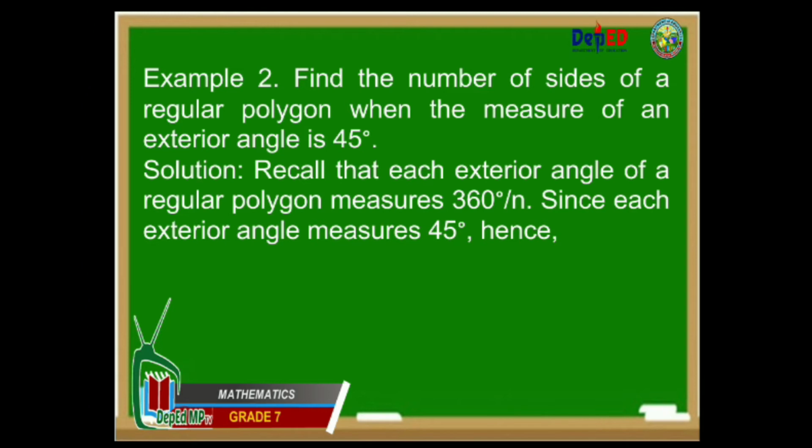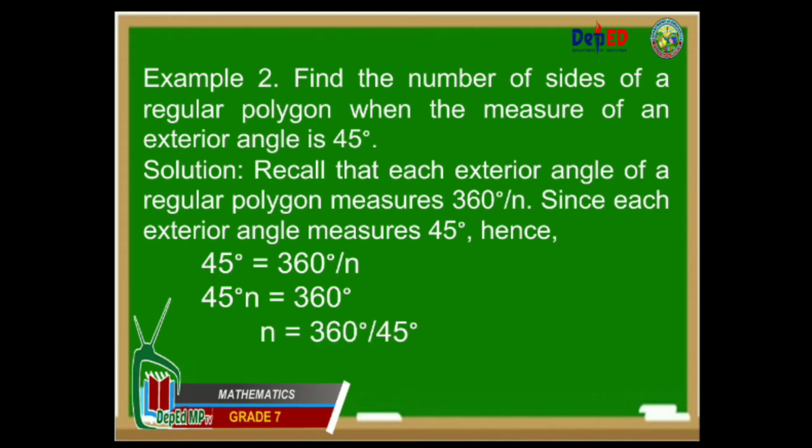Since each exterior angle measures 45 degrees, we have 45 degrees equals 360 degrees over n. 45 degrees times n is equal to 360 degrees. N is equal to 360 degrees over 45, and lastly, n is equal to 8. Therefore, the number of sides of a regular polygon when the measure of an exterior angle is 45 degrees is 8.